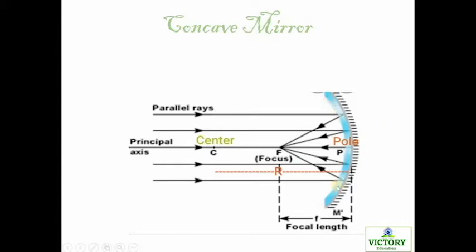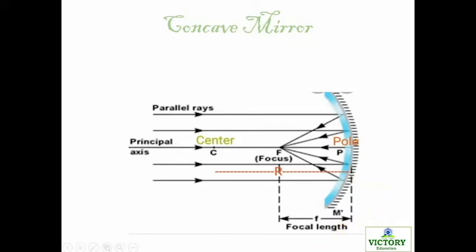Just imagine this mirror as a circle. A small portion of a circle has been cut off as a mirror. Any circle will have a center point. The distance between C and P is your radius, the radius of curvature or radius of the circle, right? And F is the focal point of this mirror where the image is getting converged.